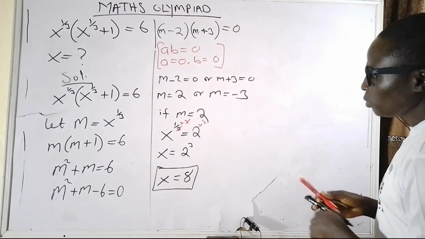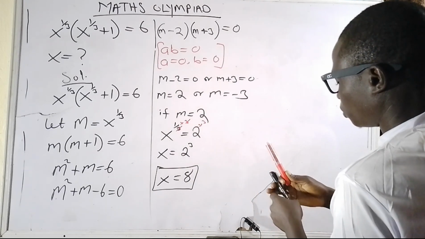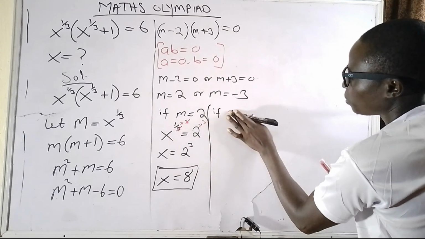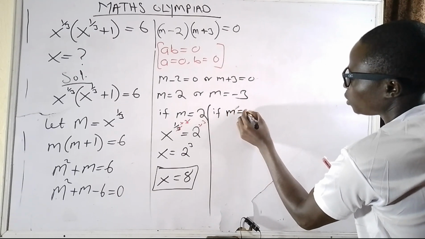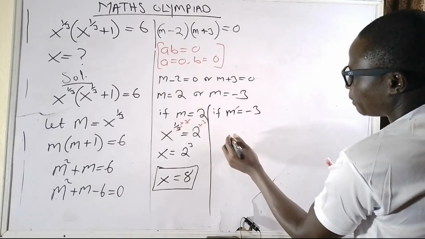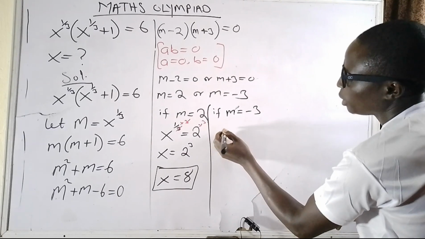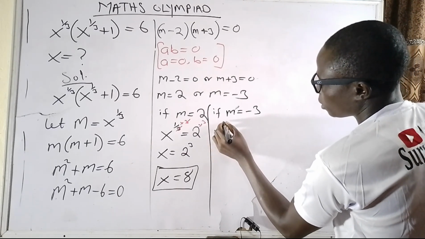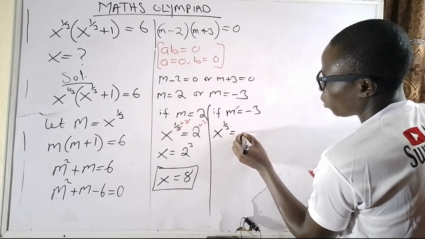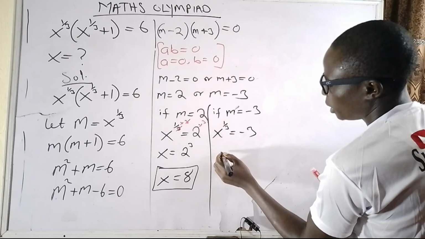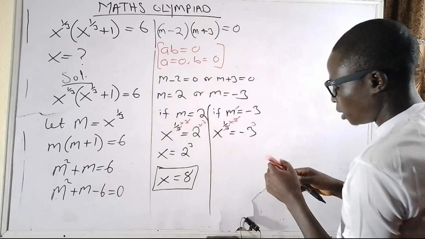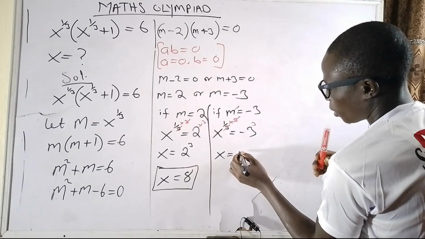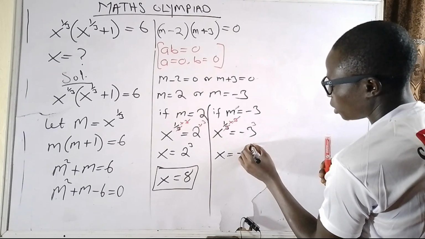So now if m is equal to minus 3, that means x raised to the power 1 over 3 will be equal to minus 3, so that this 3 will go with this 3, and my x will be equal to minus 3 raised to the power 3.